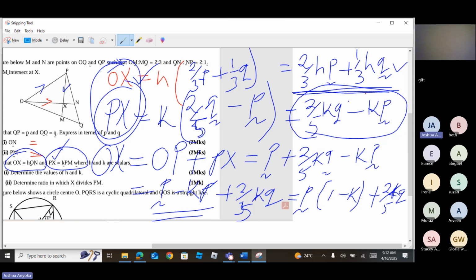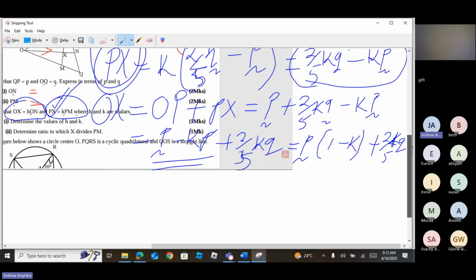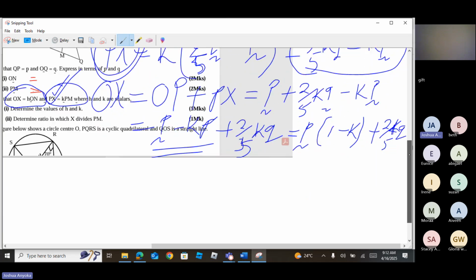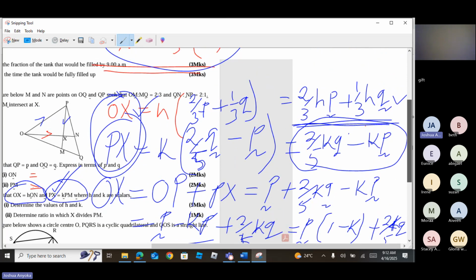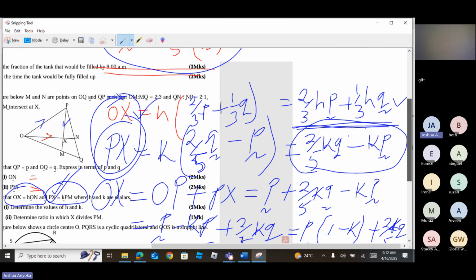We try to have a sequence, a flow of thoughts, a flow of ideas. Interpret whatever you are given by substituting what we know. The way the question is organized, we know where it is heading. Part A simplifies the working of part B.